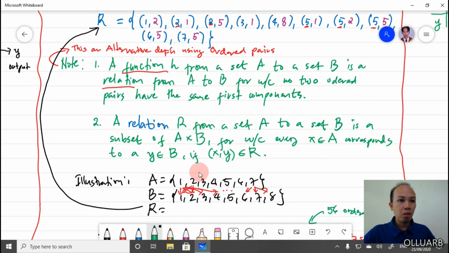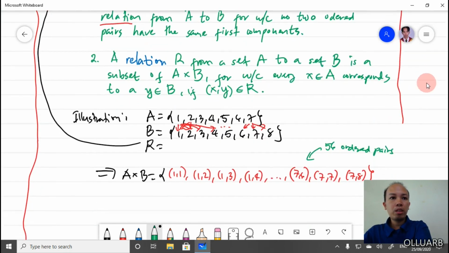So just locate all these ordered pairs in the set A times B. The definition of relation says it is a subset of A cross B, meaning all these ordered pairs must be elements of A cross B. So let's try 1 2 and 2 1. 1 2 and 2 1 are of course here.